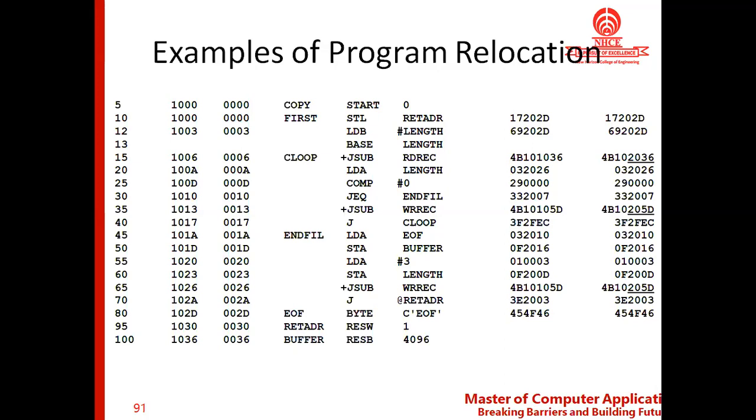Similarly, in the line number 65, again 105D becomes 205D. So these are the few places wherein we could find the difference in object code. So if there is a change in starting address, there would be a few changes in the object code in the SAC XC machine.